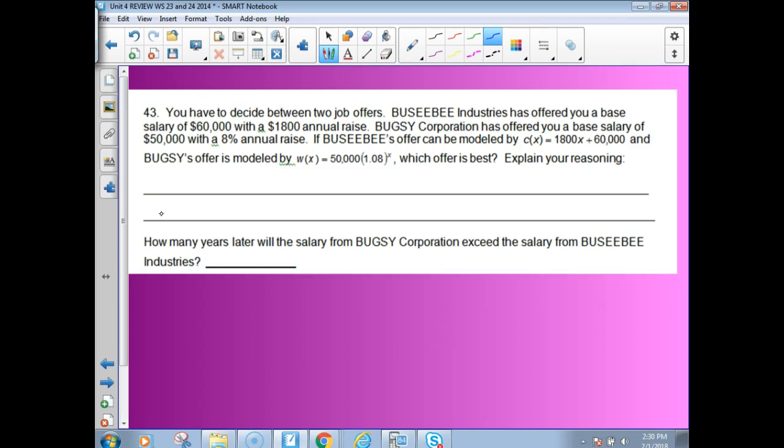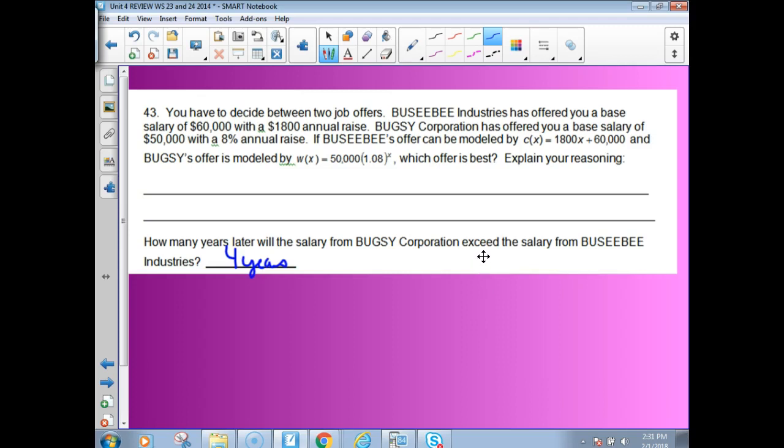So if you're just going to start off working at McDonald's versus Burger King, then you're going to pick the short-term better one because you probably won't want to stay working there so long. But if you're going to go to some company that you have an interest in, what they do, which offers best? Let me just tell you that it's going to be after 4 years that Bugsy company or corporation exceeds the salary of Busy Bee.